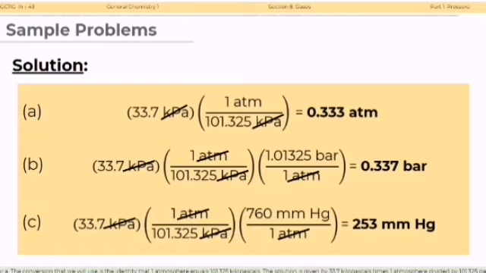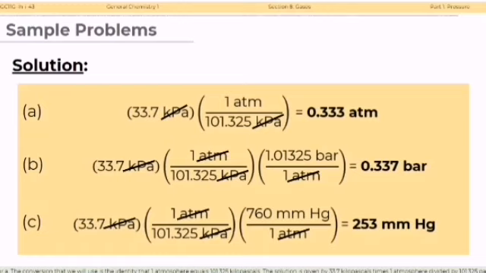From here, the value of pressure is given by 33.7 kilopascals times 1 atmosphere divided by 101.325 kilopascals times 1.01325 bar divided by 1 atmosphere, which is equal to 0.33 bar.